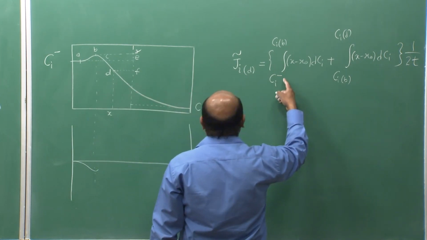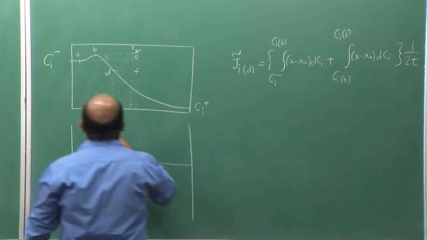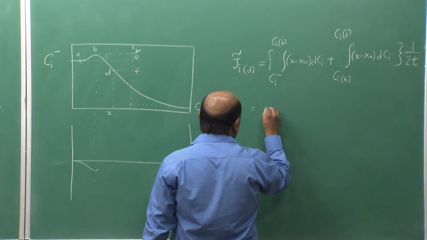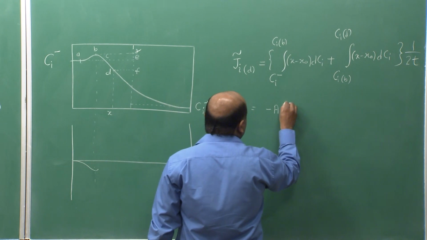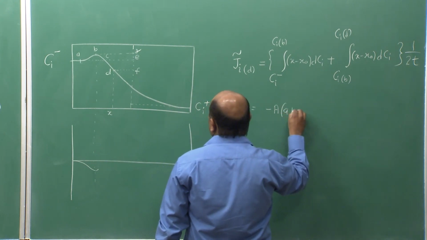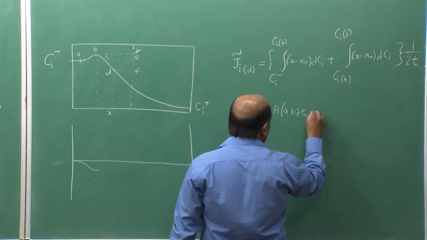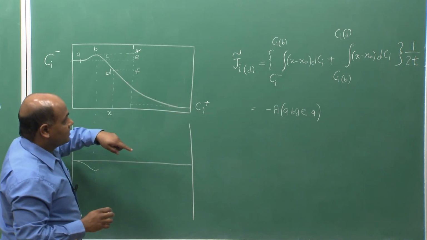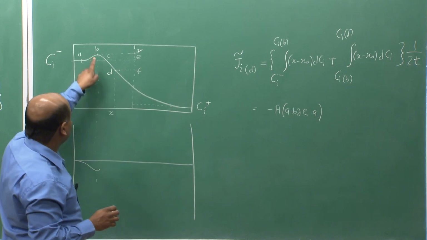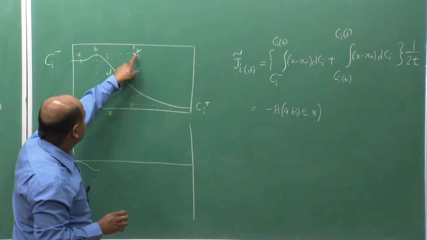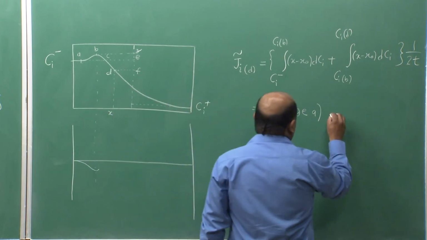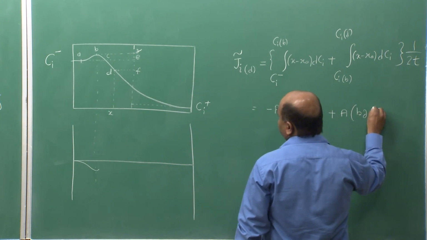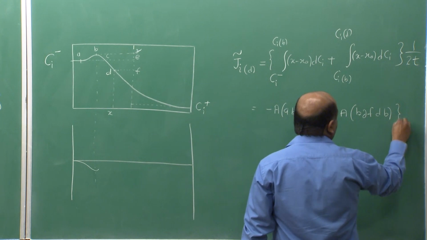Now, the first integral here is nothing but this area A B G E A, and it has a negative value. The integral from Ci at B to Ci at D will be the area B G F D B, and it will have a positive value, times 1 over 2t.